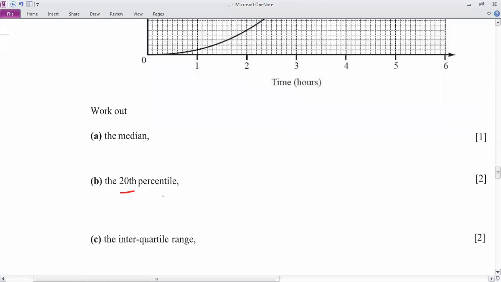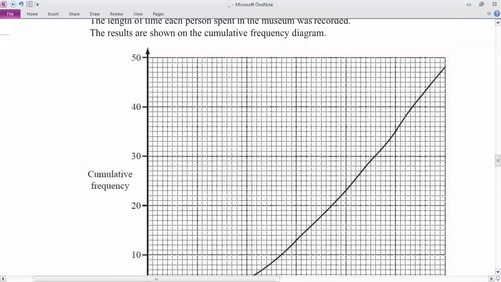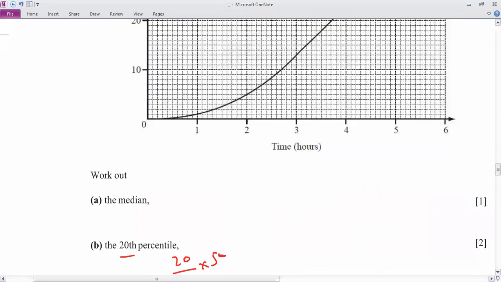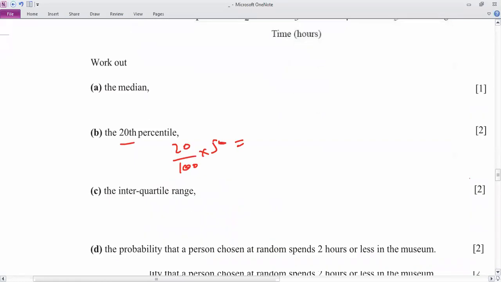This 20th percentile means 20%. That is 20 over 100 of the last cumulative frequency, which is 50. What will it be?